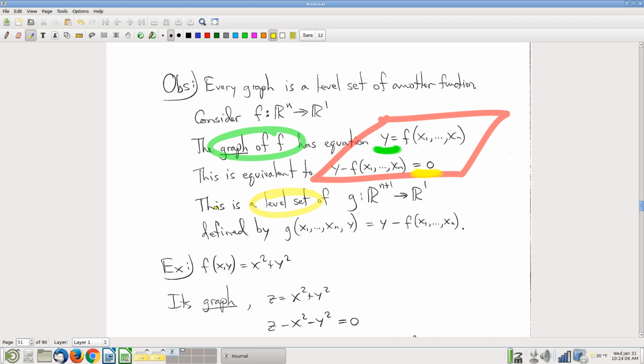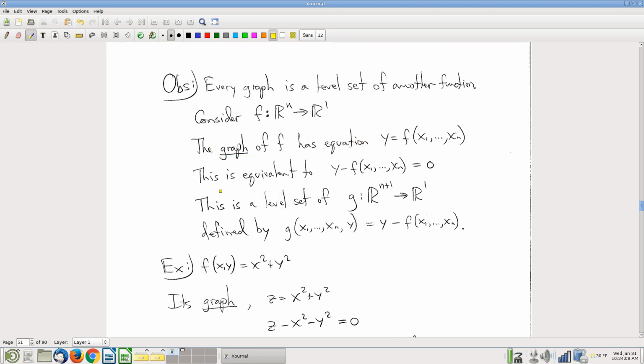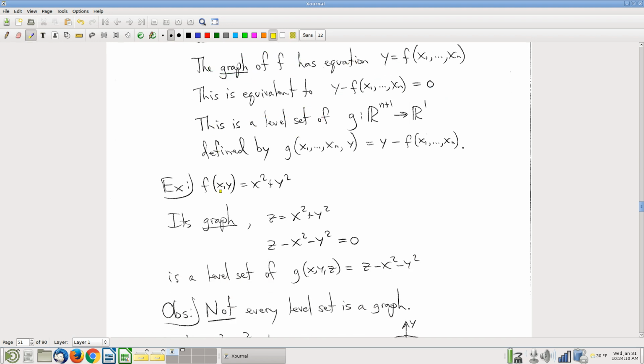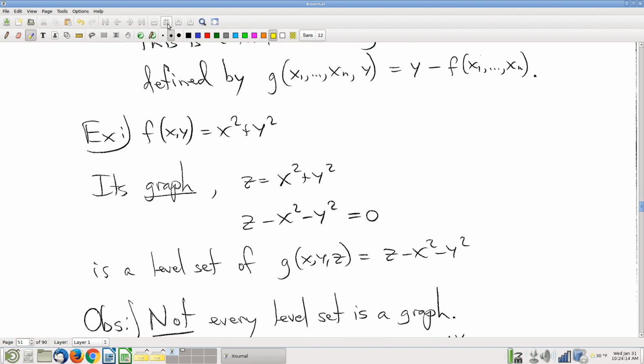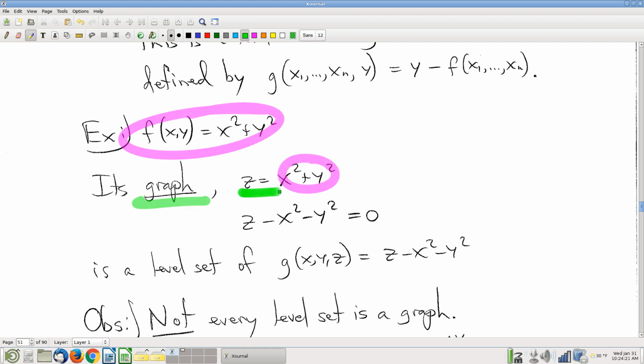Okay, so just by way of example, let me zoom back in here. Suppose you're looking at this function right here. That function, its graph, is given by that equation. Take the value of the function, set it equal to a new variable. So that's what the graph's equation looks like.